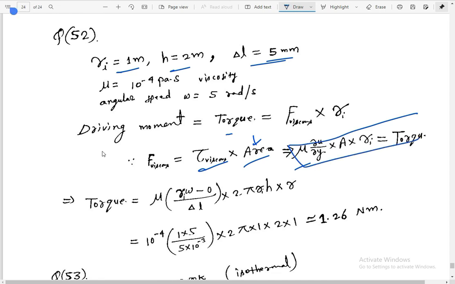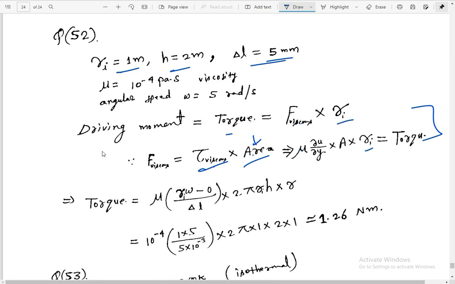So in torque, if I mention tau into area, tau I mention as mu dou u by dou y, okay, and R is here.